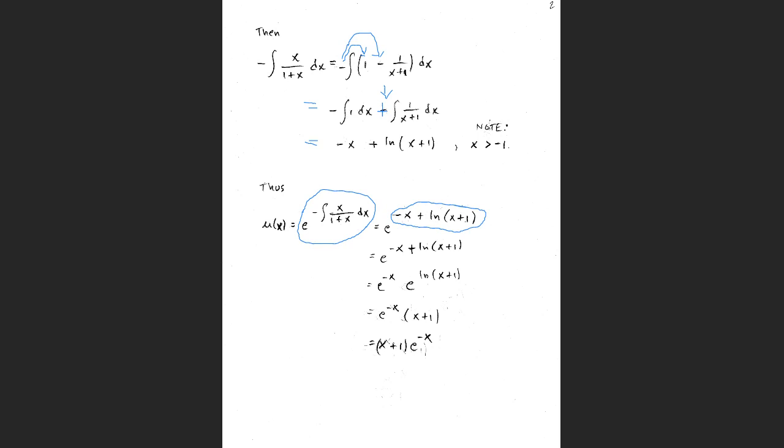Okay, so now what do we have going on here? Well, if you have e to the a plus b power, that equals e to the a times e to the b power.